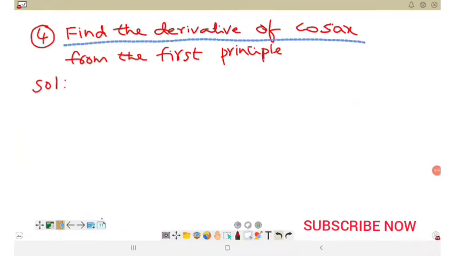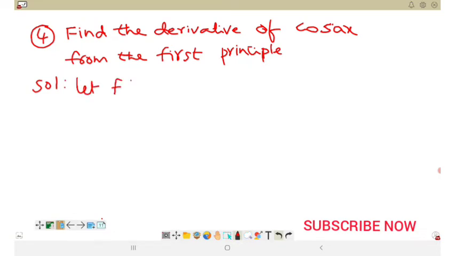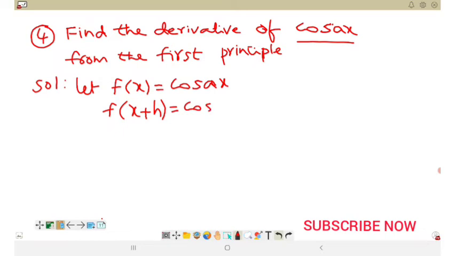Find the derivative of cos x from the first principle. Solution: let f of x equal cos ax, and f of x plus h is cos a into, substitute x equals x plus h, cos of ax plus ah.